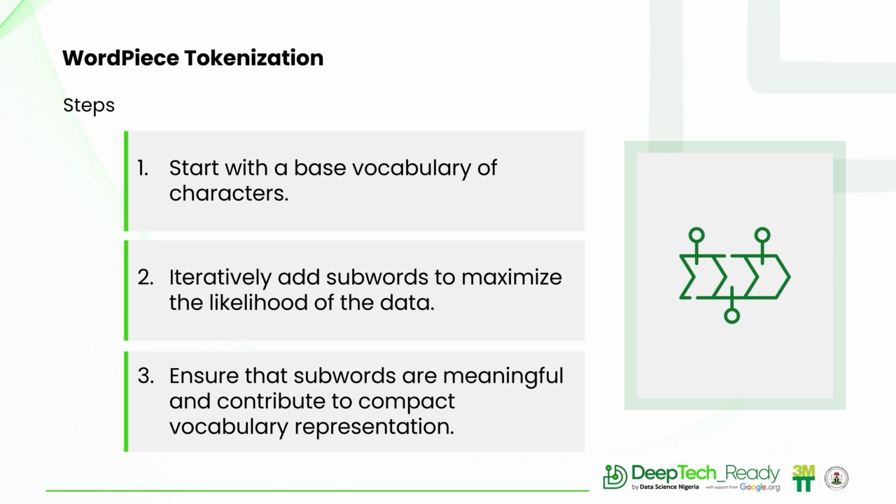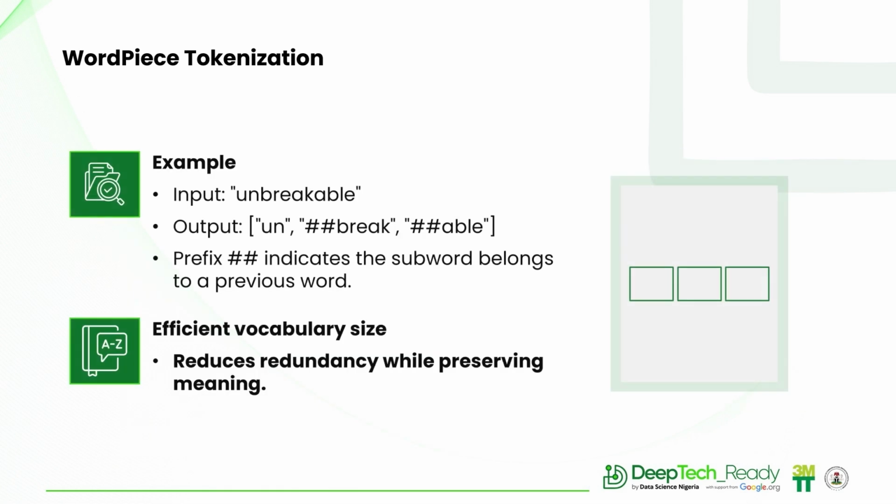Here is how WordPiece handles tokenization with words. Let's say we have the input word unbreakable. The input word unbreakable will be broken down into un, ##break, and then ##able. The double hash prefix before break and before able indicates that break and able are parts of a word that was already split.